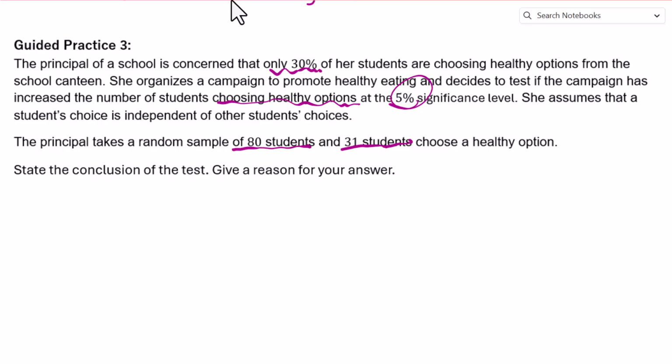This is a binomial test. The students have only 2 choices: choosing healthy options or not choosing healthy options. So the number of students choosing healthy options will follow a binomial distribution.